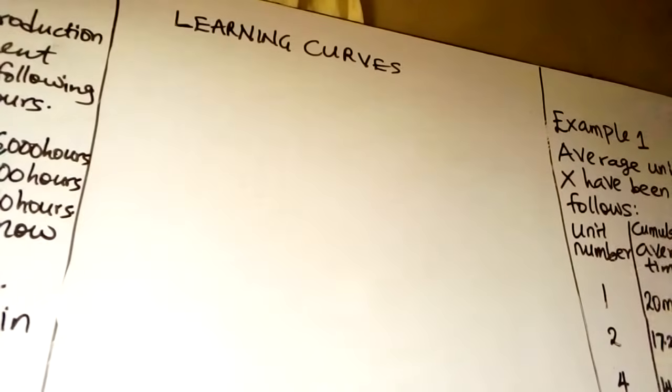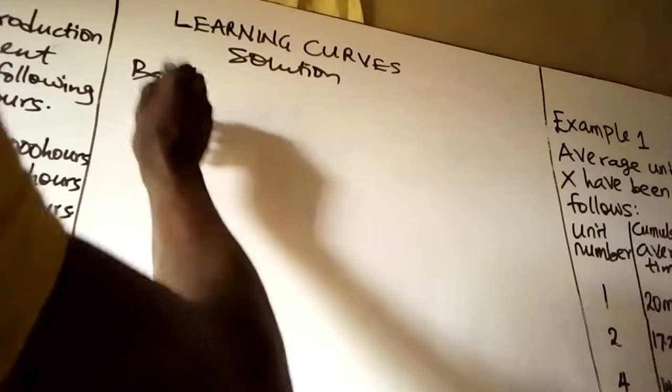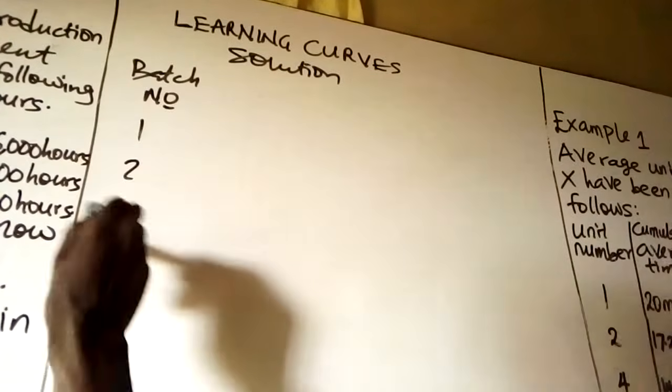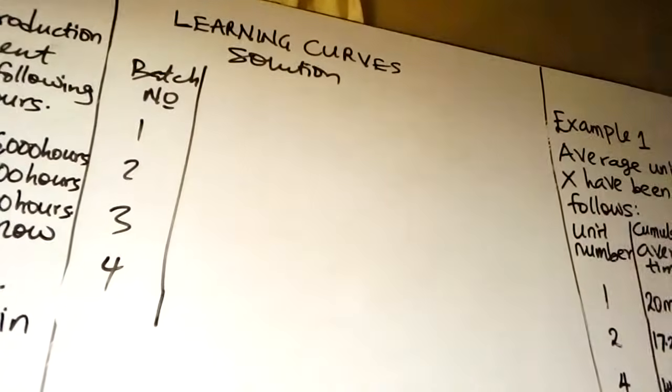Solution. Let's have the batch number, 1, 2, 3, 4, if you want to use the tabular approach.